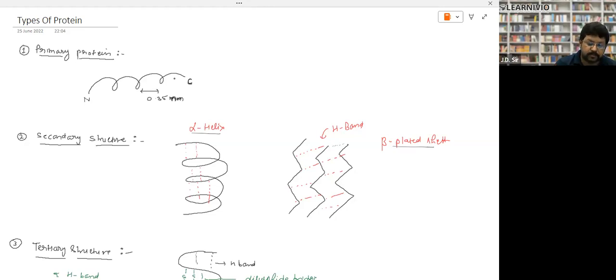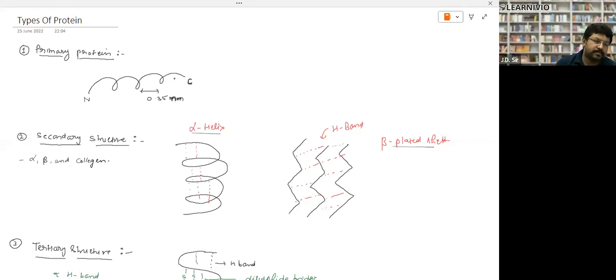Full stop. There are three types of secondary structure: alpha helix, beta sheet, and collagen.